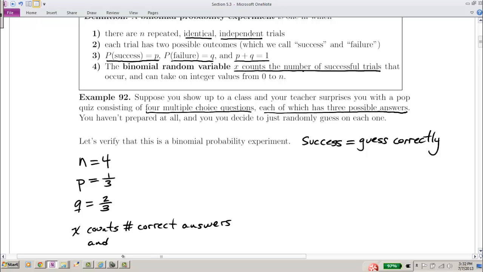There's a small chance I might get them all right, and of course it could take on any value in between. And so these are 4 repeated identical independent trials, and we can conclude that this is a binomial probability experiment.